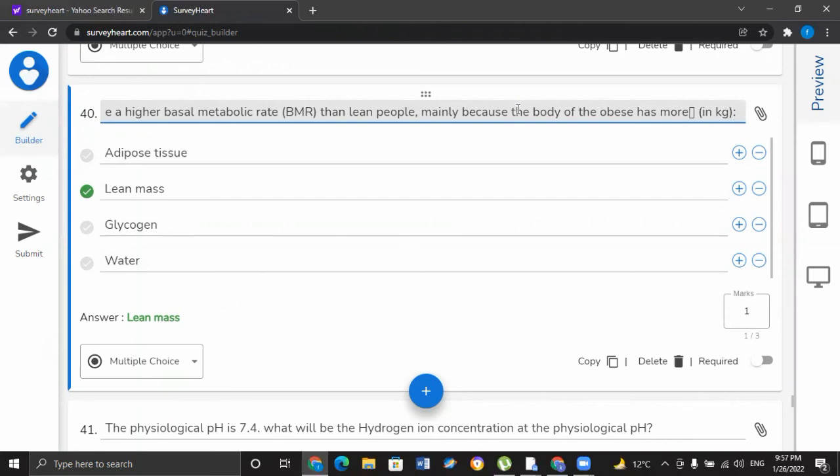It actually depends upon the lean mass of a person, and lean mass is actually the mass of a person minus the fat weight of a person. ठीक है जी. So lean body mass is defined as total weight of human body minus the weight of the fats. So the correct option for MCQ 40 is lean mass.